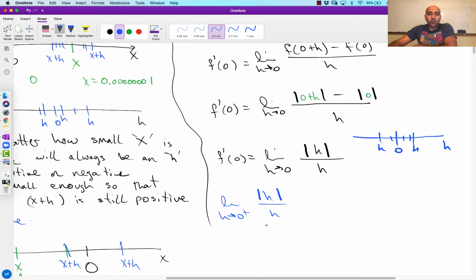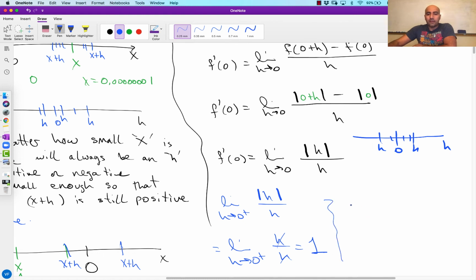If h is always going to be positive, then that means that this limit is equal to just h over h, which cancels out to give me positive 1. Right? That's when h approaches 0 from the right-hand side.